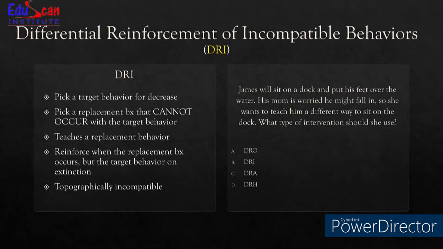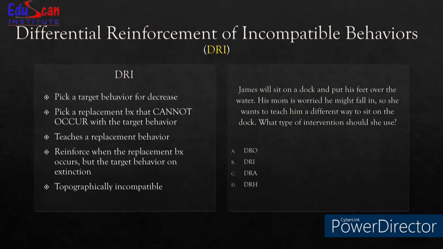Then you teach that replacement behavior and reinforce when that replacement behavior occurs, but the target behavior is on extinction. Because both cannot coexist at the same time, as topographically they are incompatible. So again, you are going to reinforce when the replacement behavior occurs, but not when the target behavior occurs.